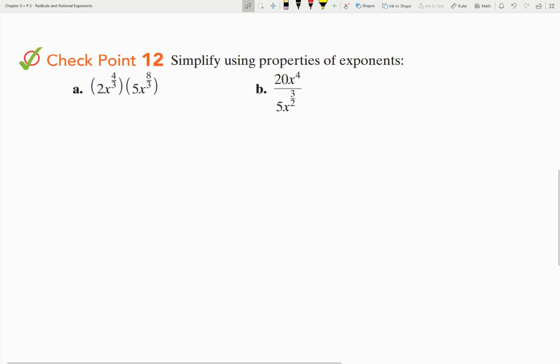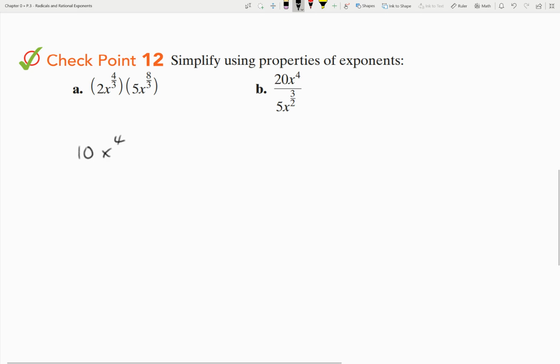Let's try two more. This would be 10 x. They already have the same common denominator. That's nice. But when we put them together and get 12 over 3, you do have to reduce it. So definitely make sure that you reduce the fraction if you can.